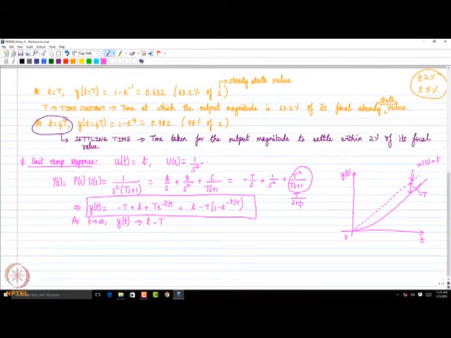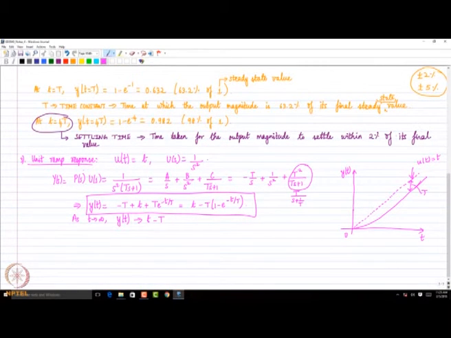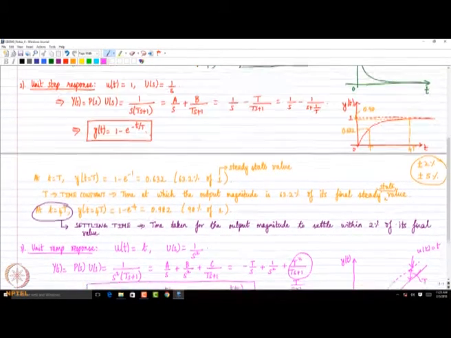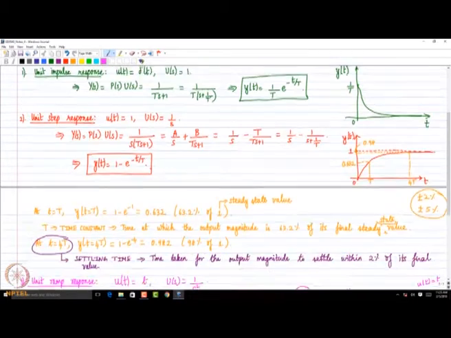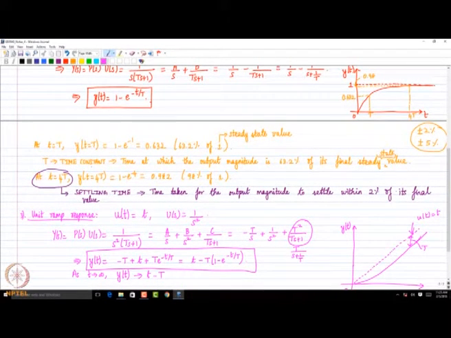Now, if you look at all the three responses, what can you observe? Let's say this is our unit ramp response, and we look at our unit step response, which is this in the red box. Can you find some correlation between them? Just between the two functions. Good.